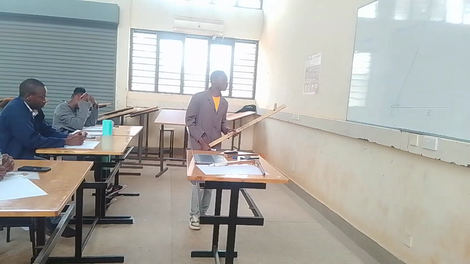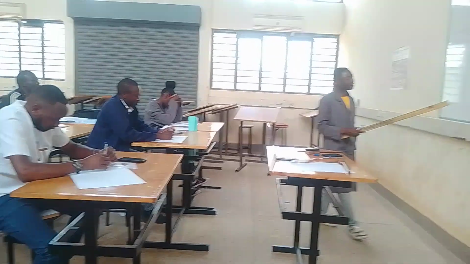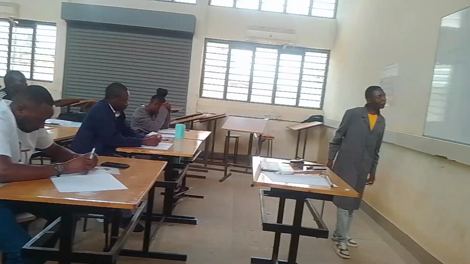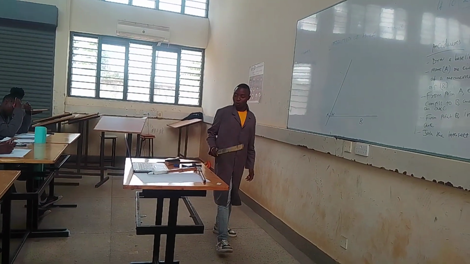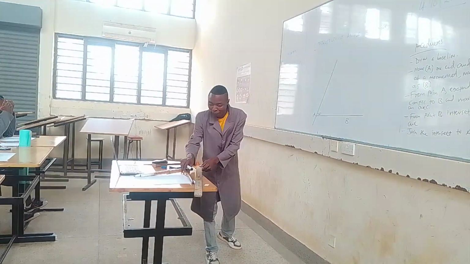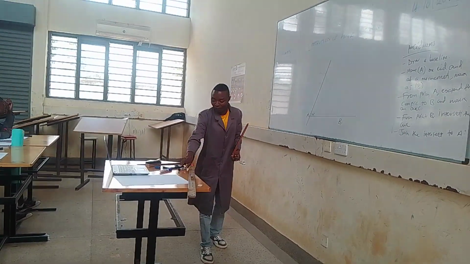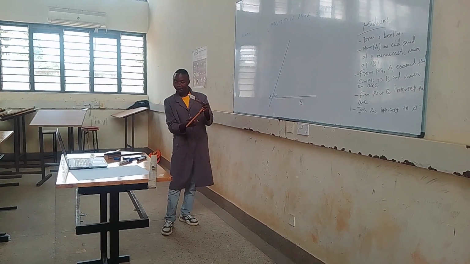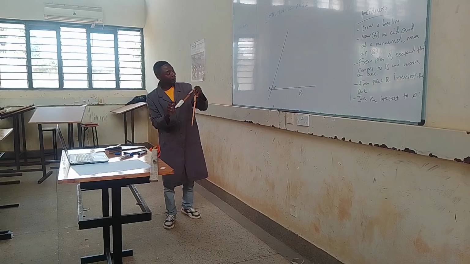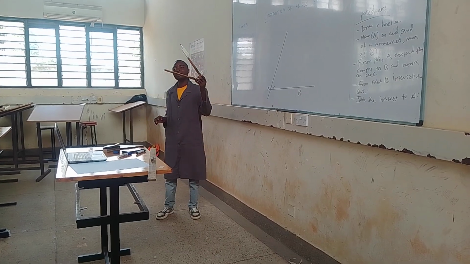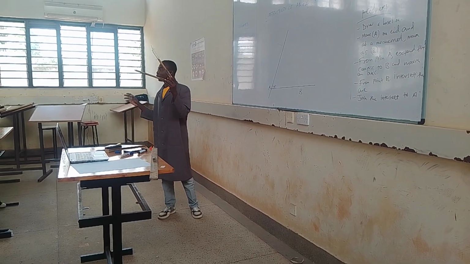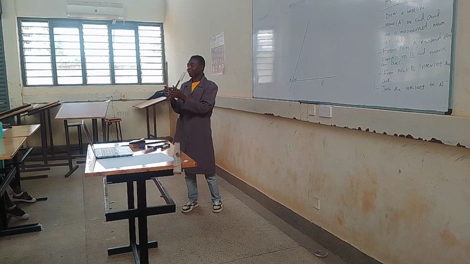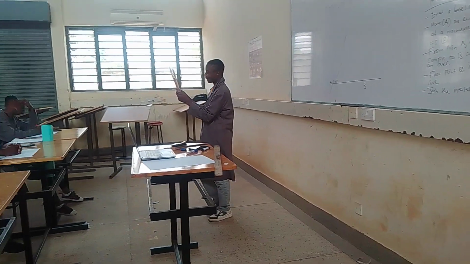Right, let's continue. For the bisection of this angle, you have to go back to your pair of compass and adjust it at any distance. You can see it is convenient to you. Mine, I have adjusted it like this.